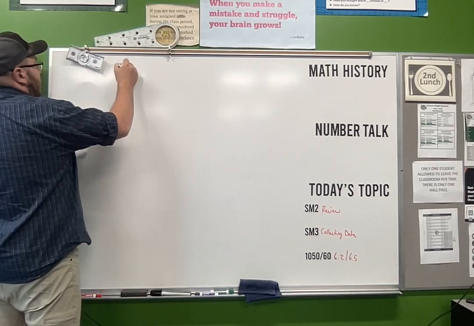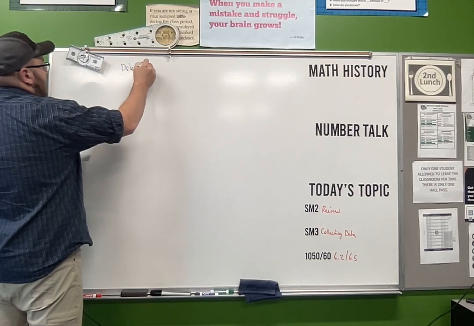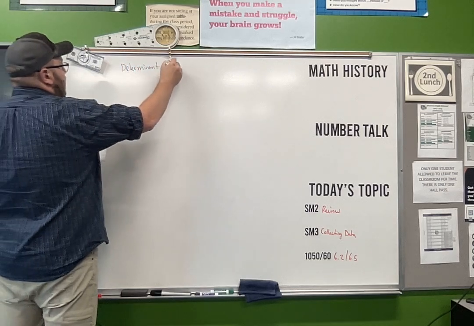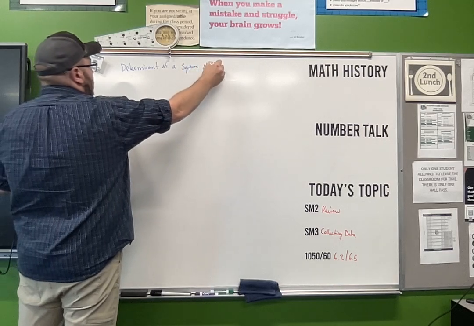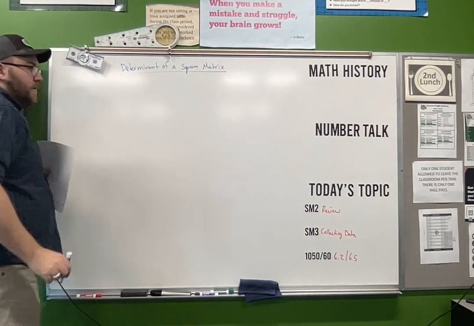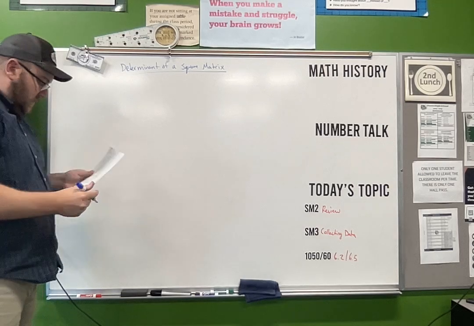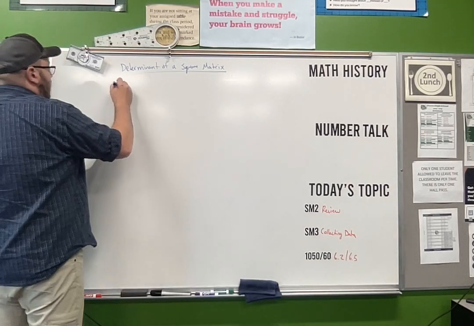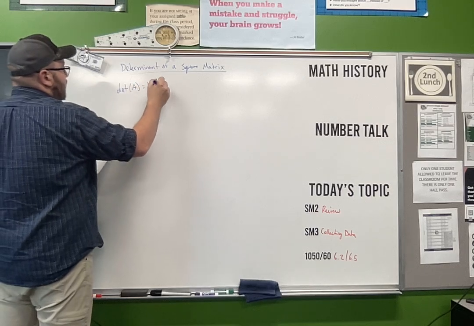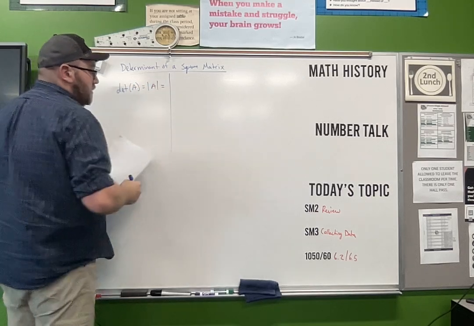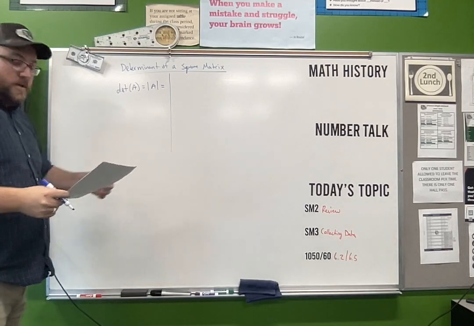Okay, now the determinant of a square matrix. Notice we can only find determinants of a square matrix. So the determinant of A, which is absolute value of A. Now I'm going to draw an n by n matrix.